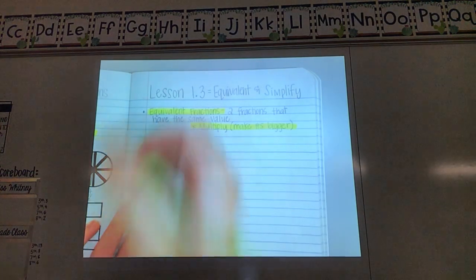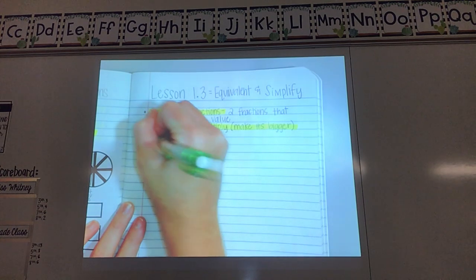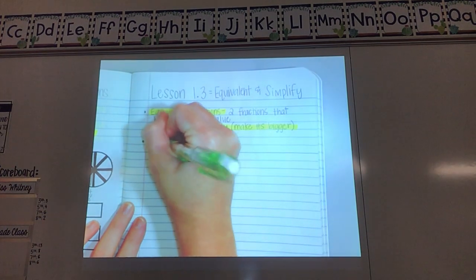Our new word for today that we need to know is called simplify fractions.